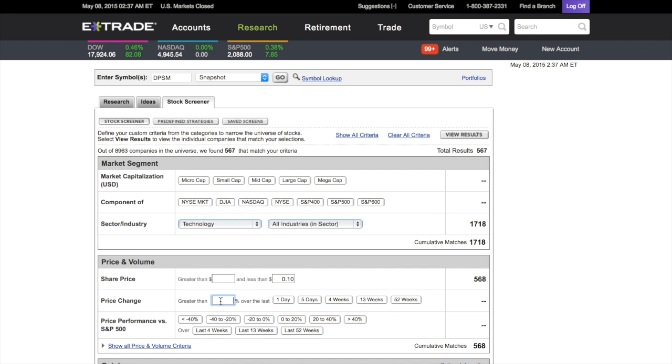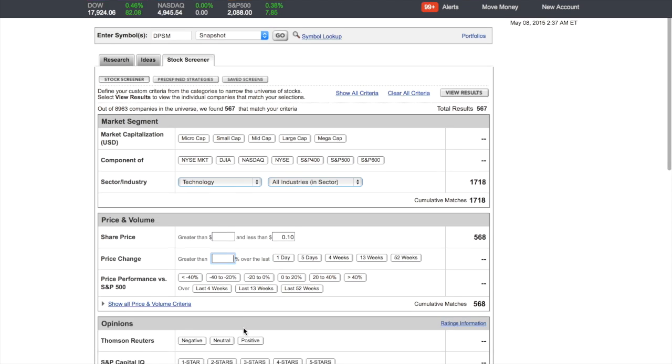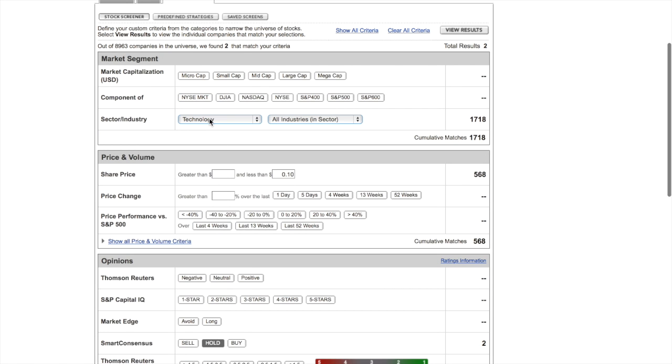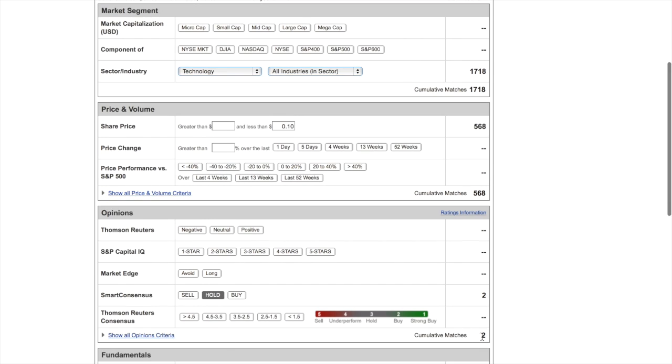It's telling us that we have 568 matches. But then again, you can go through and select all types of selectors. Say I want to find a stock that smart consensus says I should hold. Now in the technology industry, for less than 10 cents, with a smart consensus of hold, you have 2 matches.